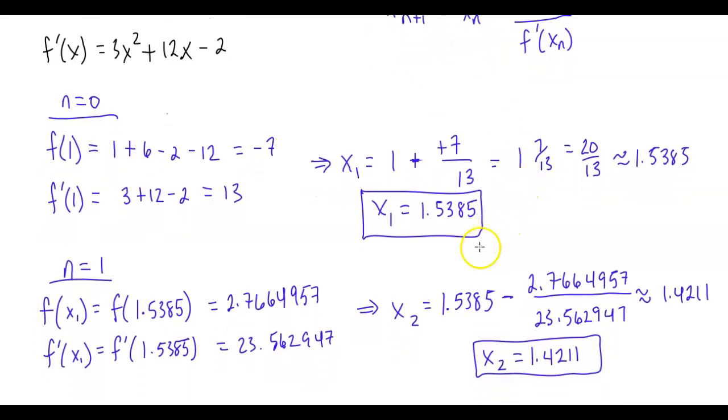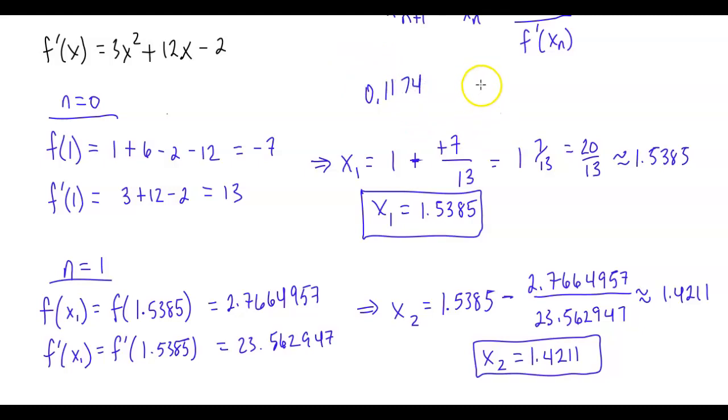For the current situation, the difference between x sub 2 and x sub 1, and we're looking at this in terms of absolute value. I really don't care if it's positive or negative. I'll calculate that right quick. The difference between those two numbers will be about 0.1174.